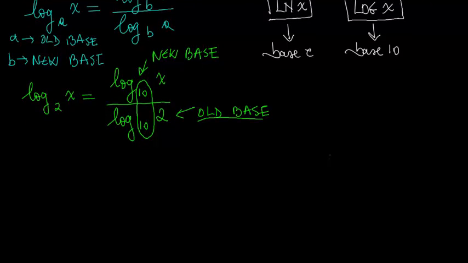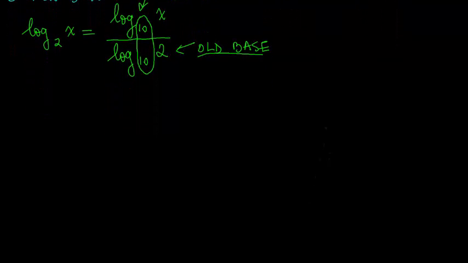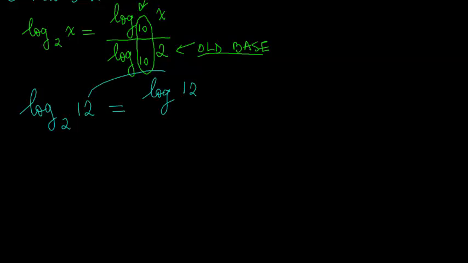So let's look at another example. Let's say that we want to compute log base 2 of 12 using our calculators. Now pick your base, either e or 10. Let's go for 10 in this example. So I'm going to have log of the new base, namely 10, and now the input becomes the input in the numerator, and then I adjust it in the denominator by log of the old base, that becomes the input in the denominator.